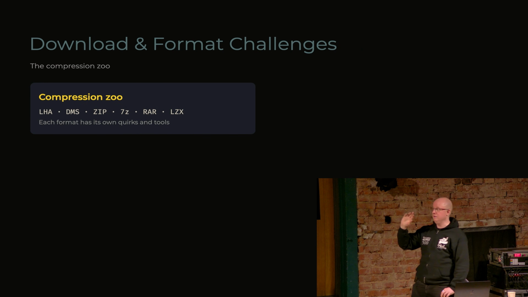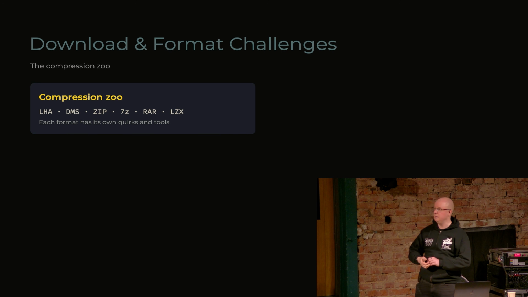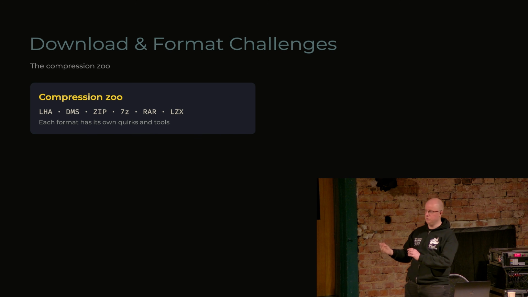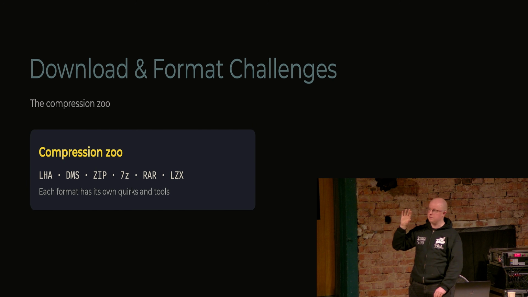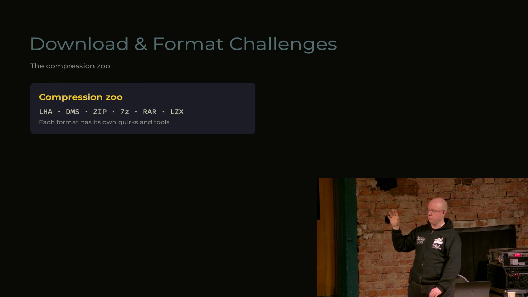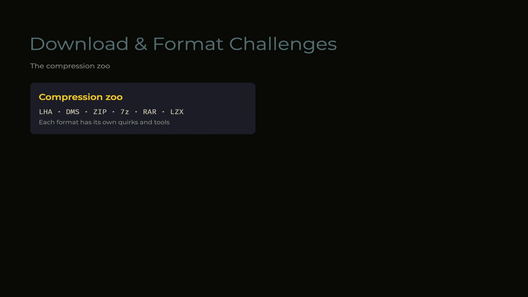So first you have lots of various different compressions. Right now I support LHA, DMS, ZIP, 7-zip, RAR, LZX, and a bunch more of them. But there are tons more that likely need to be supported at some point. So what I've done now is to mostly focus on a smaller set of platforms to just get something up and running.